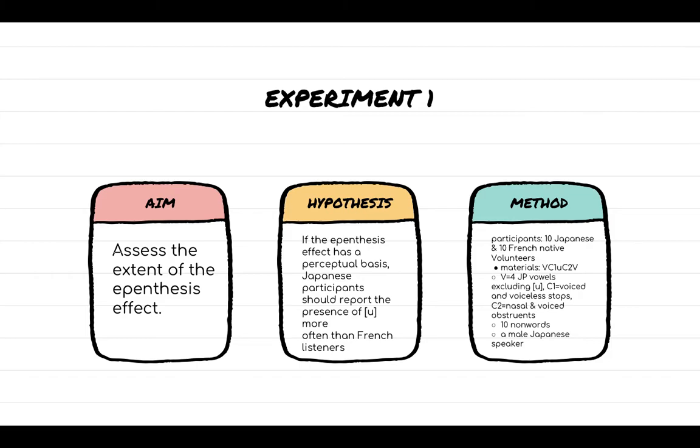Its aim is to assess the extent of the epenthetic effect. The hypothesis the authors made is that if the epenthetic effect has a perceptual basis, Japanese participants should report the presence of u more often than French listeners. The method they adopt is to find 10 Japanese and 10 French native volunteers to attend this experiment.